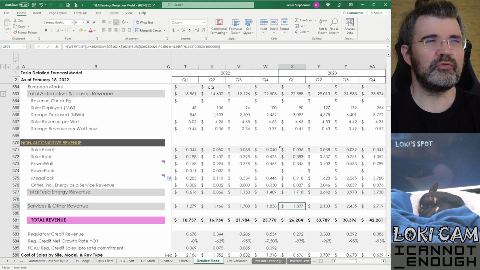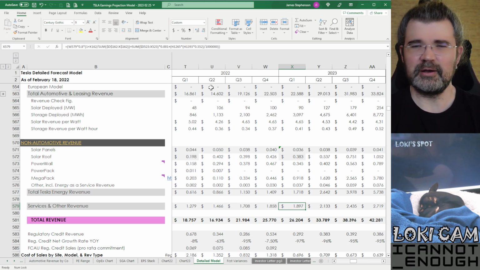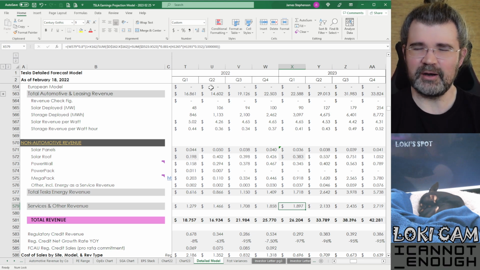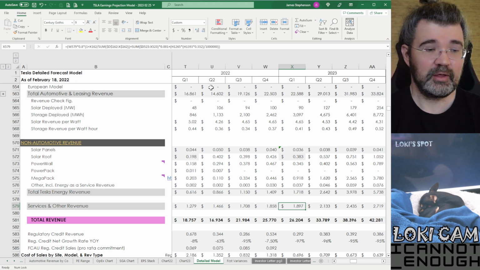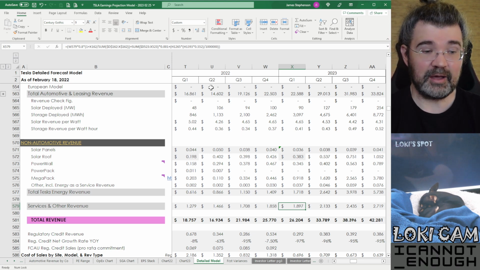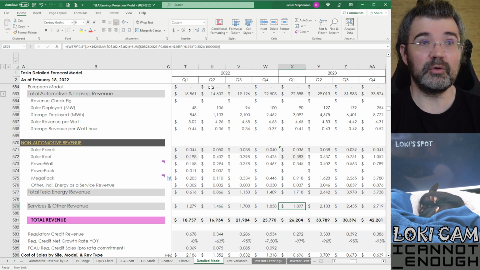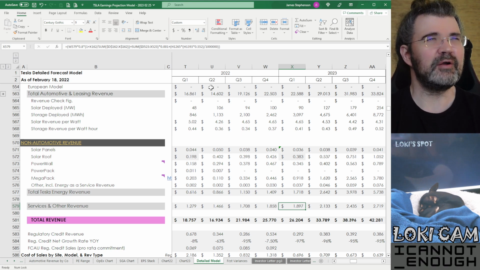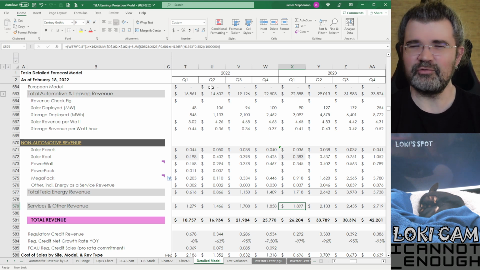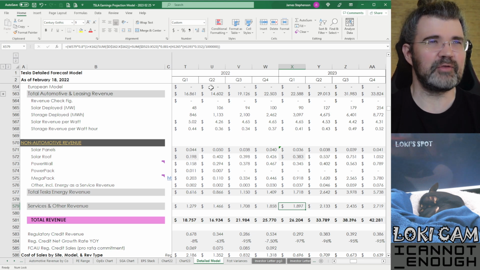One of the portions of this calculation is figuring out how much non-warranty, out-of-warranty repair revenue there ought to be for Teslas that have passed their 4-year warranty time period. And then I've got some other assumptions in here for the other kinds of revenue that fall into this category.